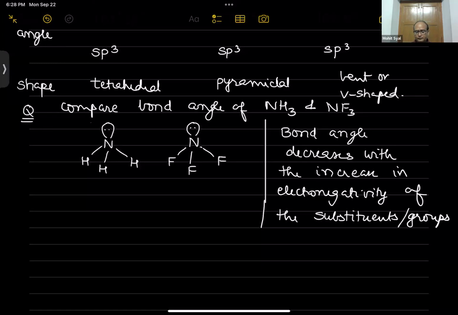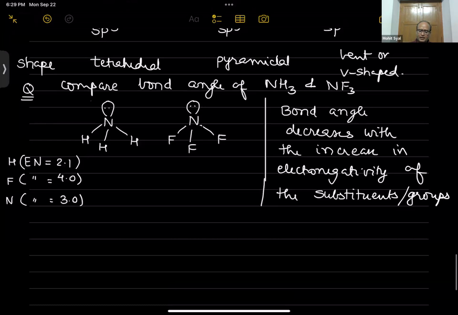The electronegativity values are just assigned numbers that help us to know who has a high tendency to pull electrons. Electronegativity of hydrogen is 2.1. Electronegativity of fluorine is 4, which is the most electronegative element. Electronegativity of nitrogen is 3.0. Is it clear or not?